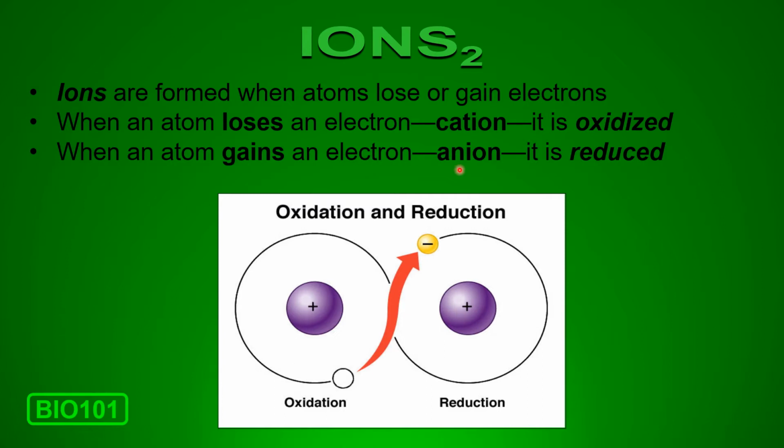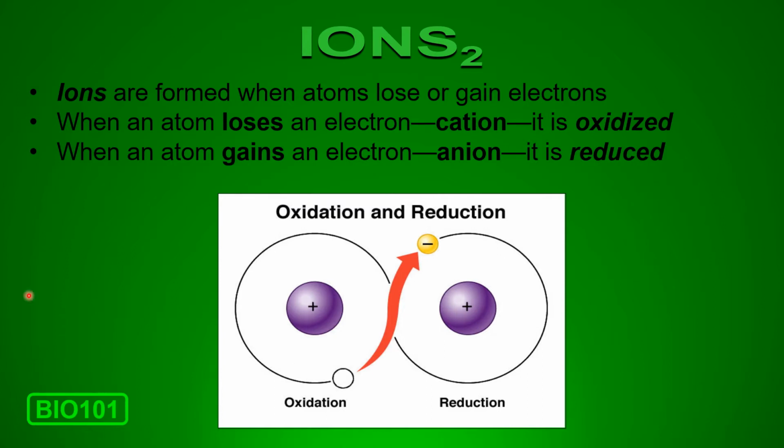We call that an anion. So I always remember this with the A. Anion means you're adding a negative charge. Okay, so we gain an electron, we become an anion, and we say the atom has been reduced, and the process is called reduction.